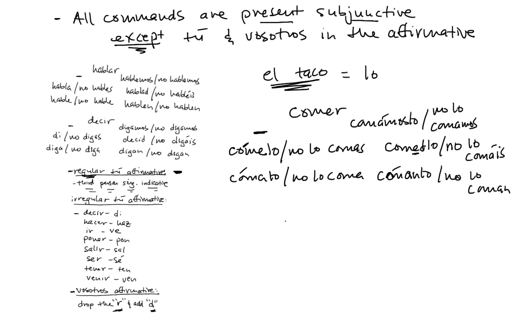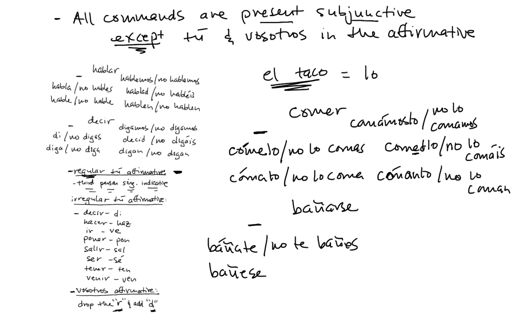We can even do a reflexive one if you'd like. Bañarse. So this is with a reflexive pronoun. No yo form, we get the tú form. We use that third person singular form. This is regular. We get báñate. And no te bañes. Usted, báñese. Accent.